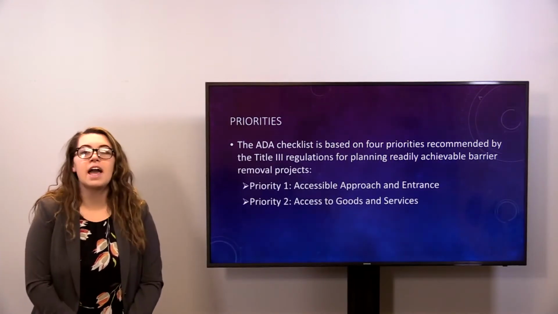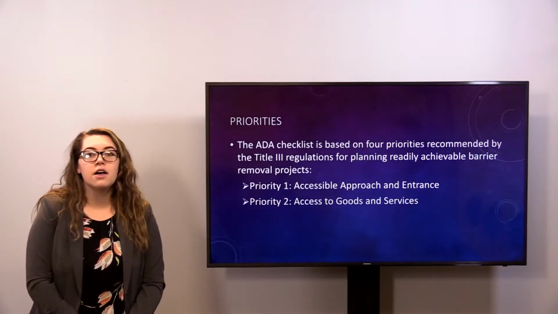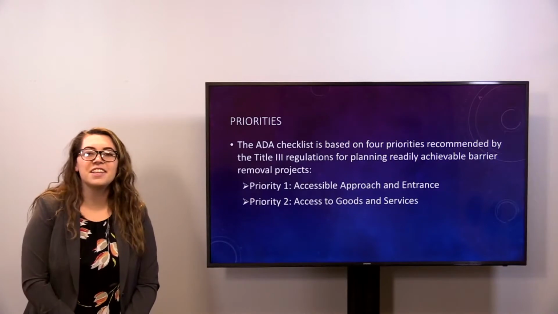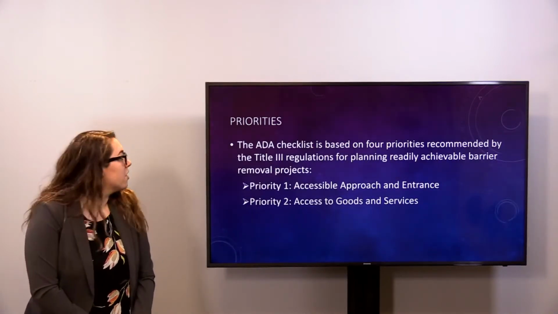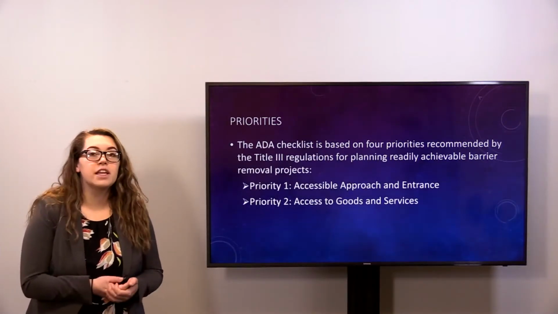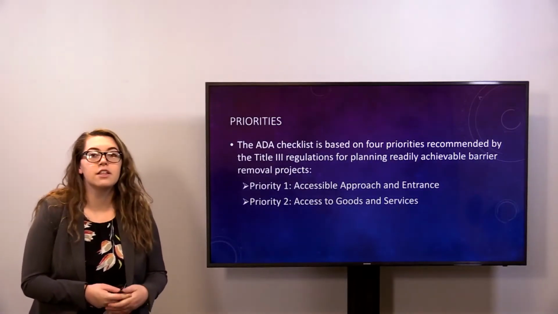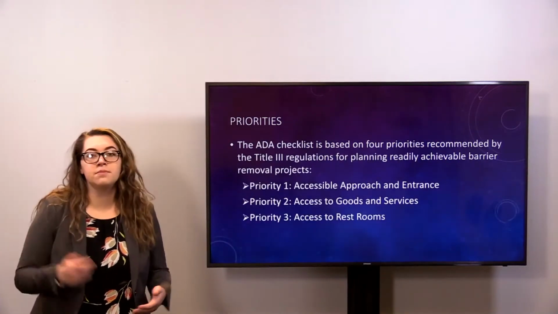The second being access to goods and services. So since this is a building on campus, are the classrooms, the teachers' offices, the museum that is located in there, the dean's office for the College of Earth and Mineral Sciences, are these all accessible to people of all abilities?